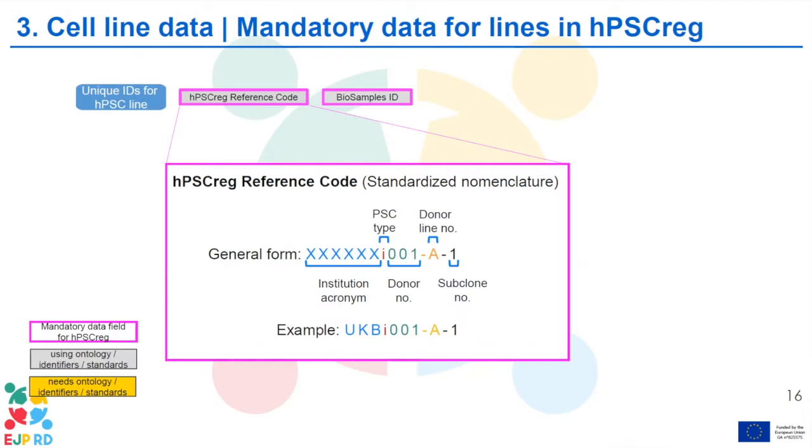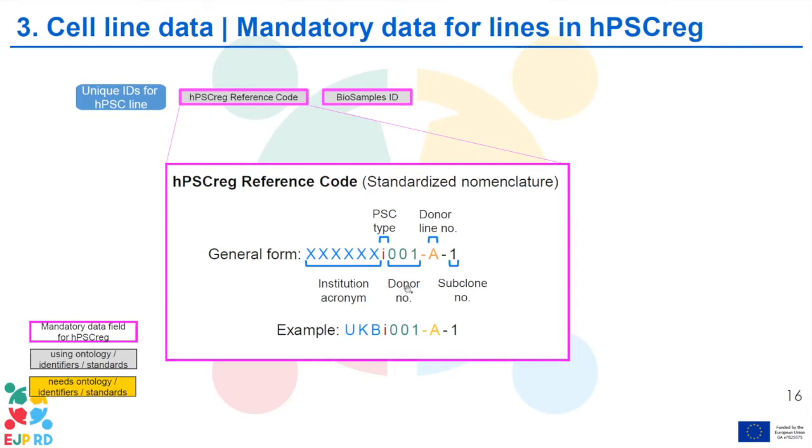So in the next 2 slides, I'm going to introduce the kinds of data we collect for the lines. First, as I mentioned, we assign a unique reference code, and this is outlined here. It's composed of 5 different parts. The first part is an institutional acronym. The second part is the type of pluripotent stem cell, so either induced pluripotent stem cell or an embryonic stem cell.